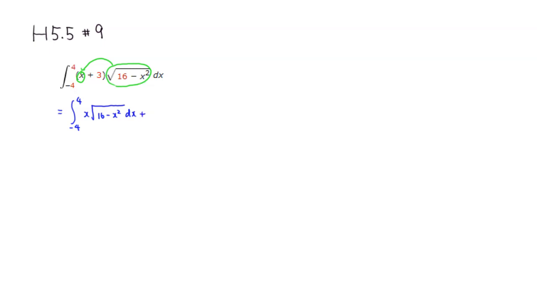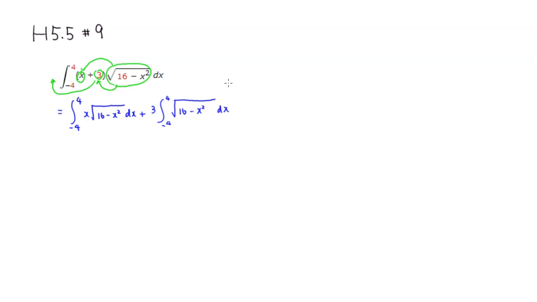Then the other one is distributing to 3. Since 3 is just a constant, I'm going to place it in front of the integral. So it's going to be 3 times the integral from -4 to 4 of the square root of 16 minus x squared with respect to x.